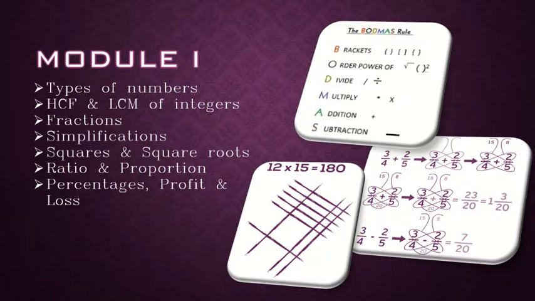The next one is profit and loss. It is a formula used in mathematics to determine the price of a commodity in the market and understand how profitable a business is. Every product has a cost price and selling price. The last topic is squares and square roots.